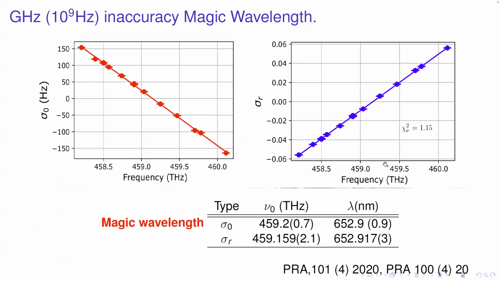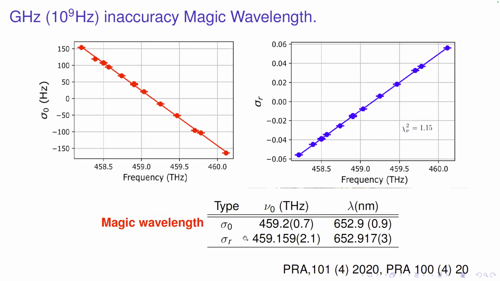In this data, one is the scalar and one is the ratio. When I do the measurement with the scalar, I can get my measurement accuracy to 459.2 terahertz, or in wavelength, 652.9 nanometers. This is my accuracy of the measurements.